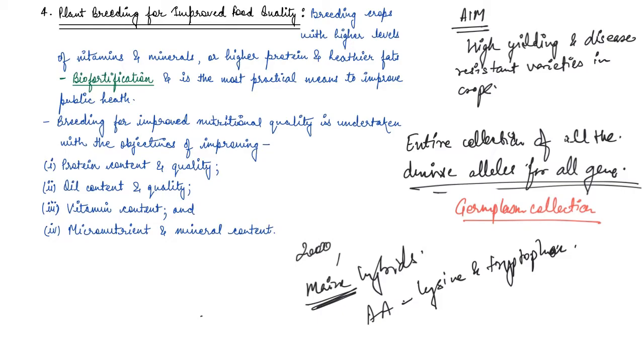In the same way, there are many crops which are developed from the perspective of improving food quality, like rice varieties which are rich in vitamins and minerals, right? So guys, with this we have finished plant breeding as well.